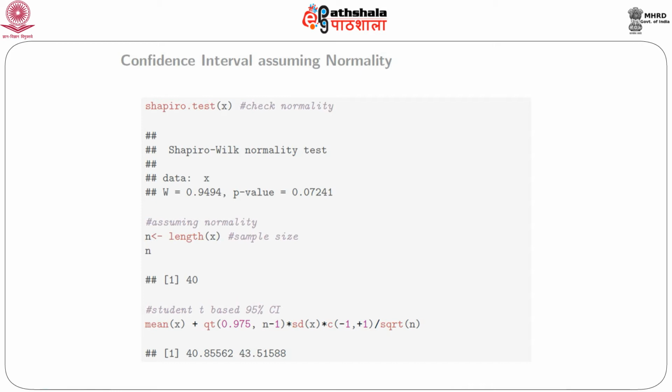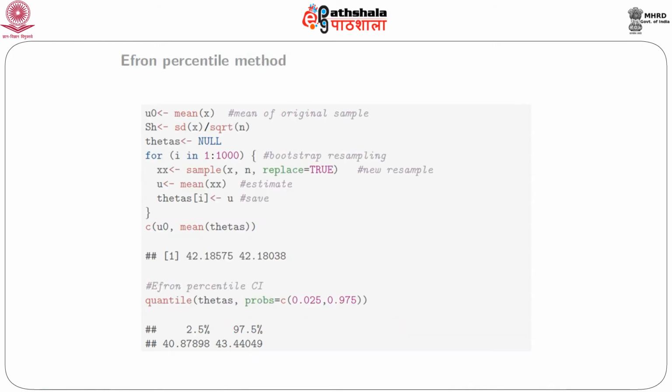So, that is the Student's t based 95% confidence interval which we generally do, and the value comes out to be 40.85 to 43.51.